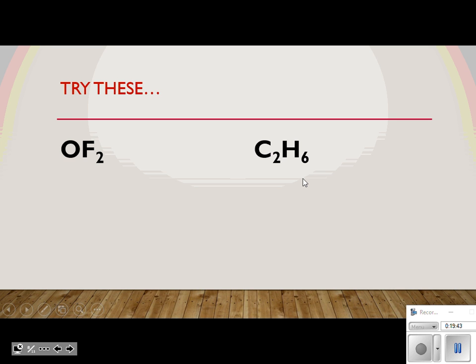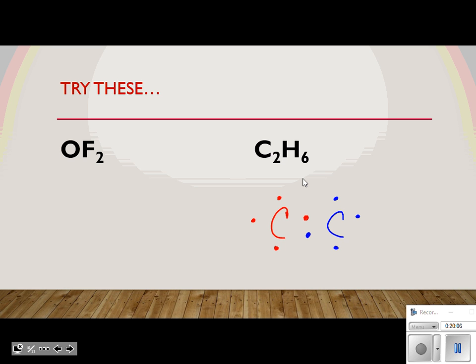So if I have multiple carbons, I'm going to bond them together. So I'm going to have 1 carbon here, as so, and I'm going to bond to that my 2nd carbon.